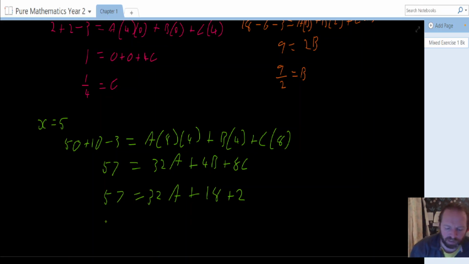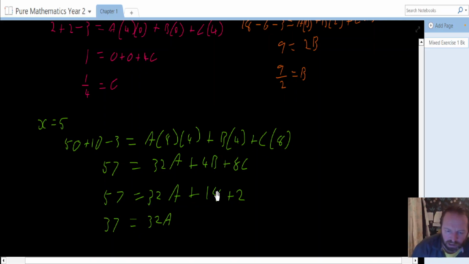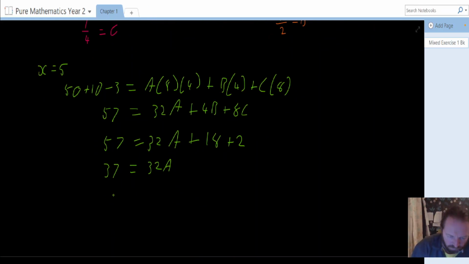And so 57 minus 18 minus 2, or more to the point 20, is 37 equals 32a. And so a is a very odd 37 over 32.